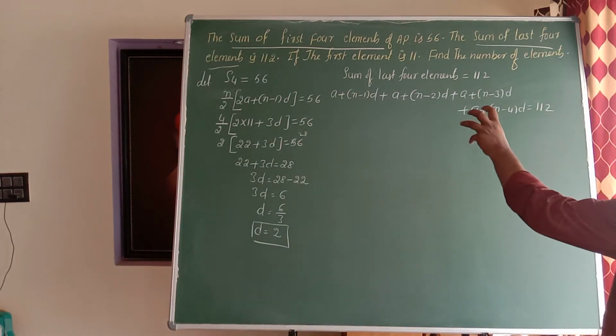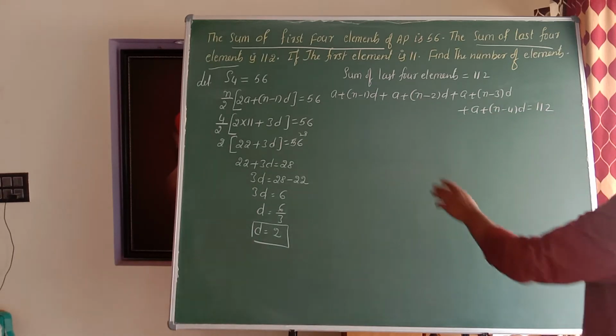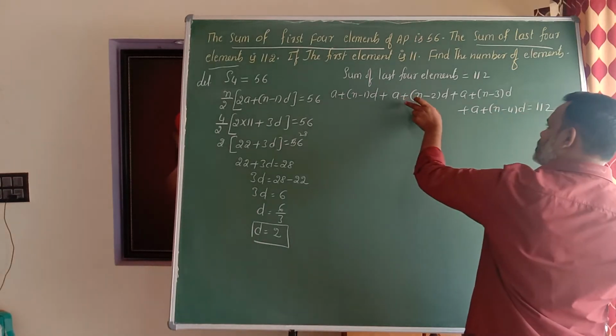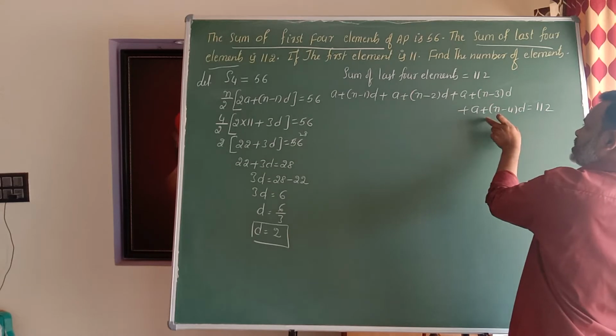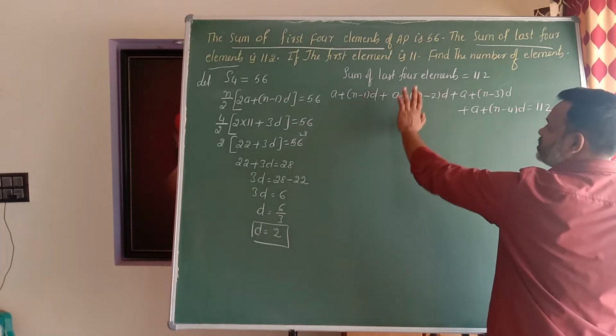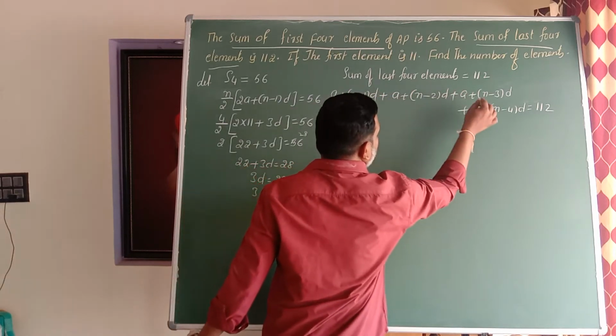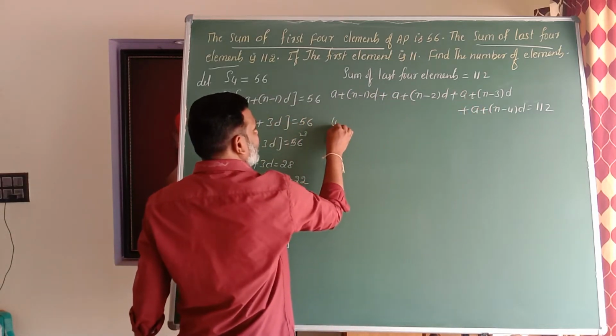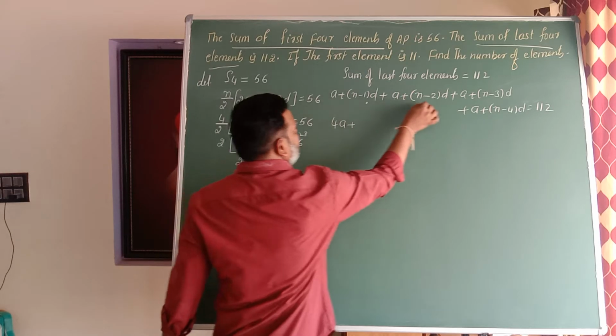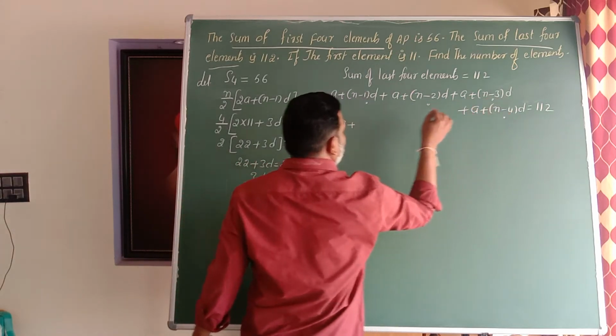This is actually the sum of the last four elements. This is the last element, before this one, and before this one. Totally we have to add the last four elements. Now simplify this. a plus a plus a plus a, that is equal to 4a, plus in these terms take d as common.